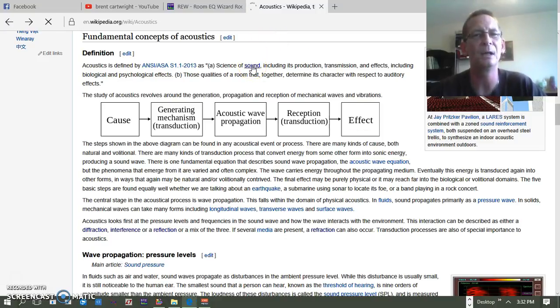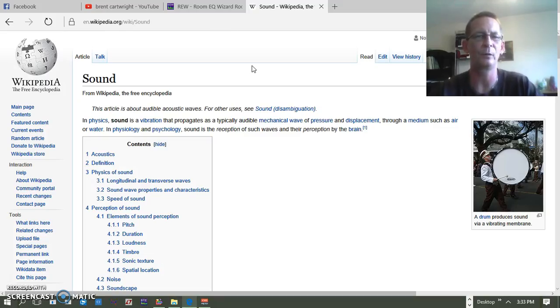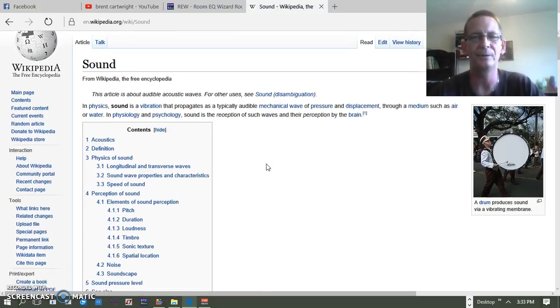And that's a real simple example, but it can be very complex, because when you get on Wikipedia and look up sound and go, okay, what is sound? That can't be that difficult, right? Well, it is.